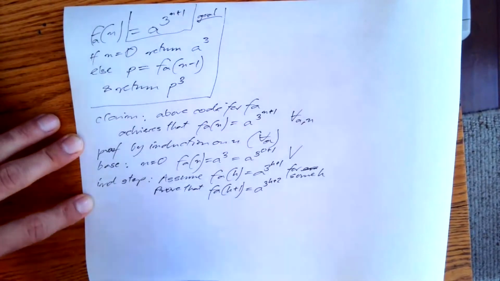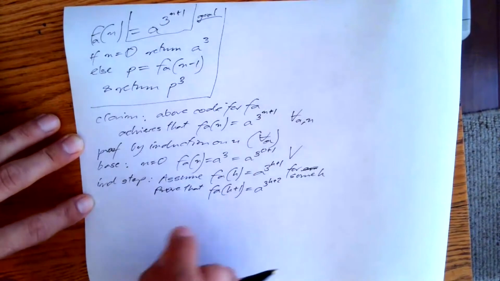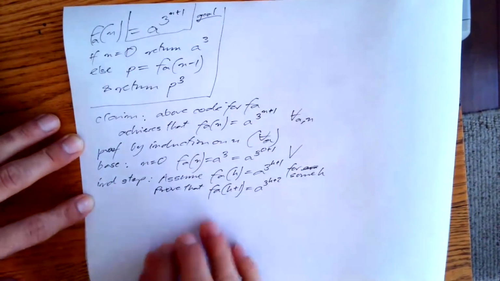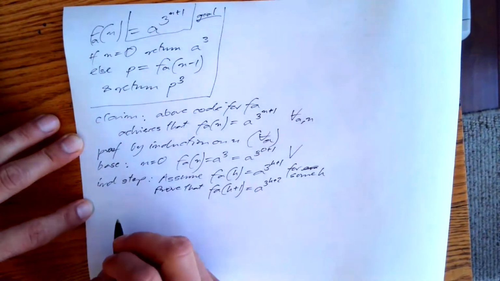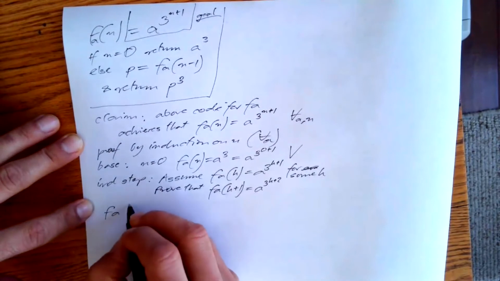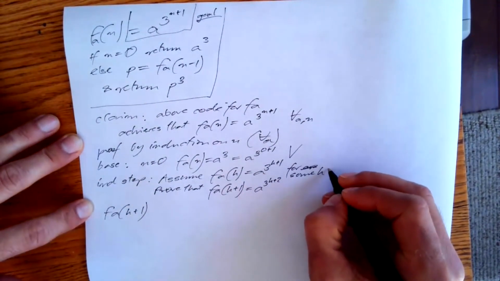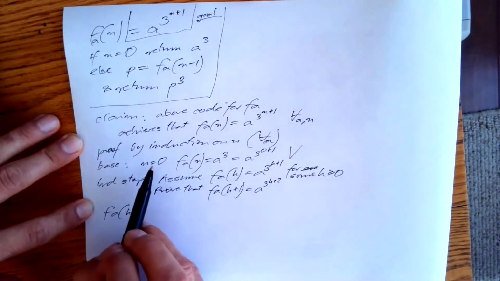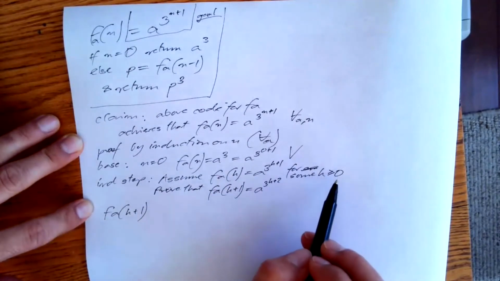Okay. So this is up to the variable name. Maybe it's better to call this k minus 1, this k plus 1, but okay, I wrote this, we're stuck with that. Okay, so let's prove this. So what does fa of k plus 1 return for some k that is greater or equal to 0, right? Because we proved it for 0, we want to do the induction for any point after.